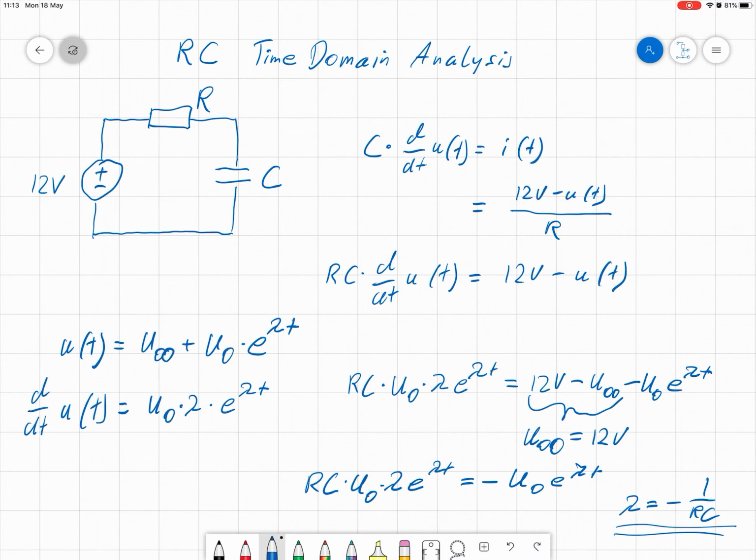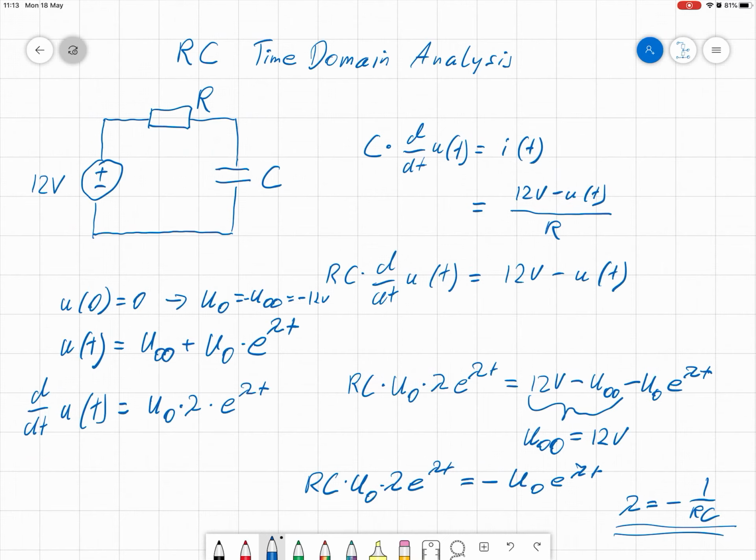Finally, we do need to find U naught, and that depends on the initial state of charge of the capacitor. If we say the initial voltage of the capacitor is 0, we can go back to our original equation here and say U(0) is equal to 0, and from this it follows that U naught is equal to 0 minus U infinity, so minus 12 volt. Now we have all the pieces in order to write our solution.